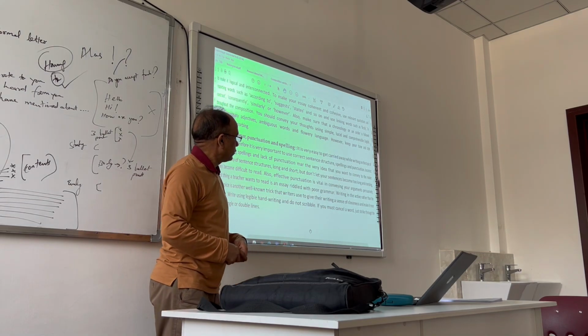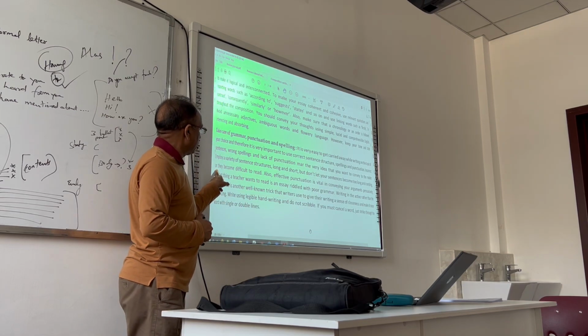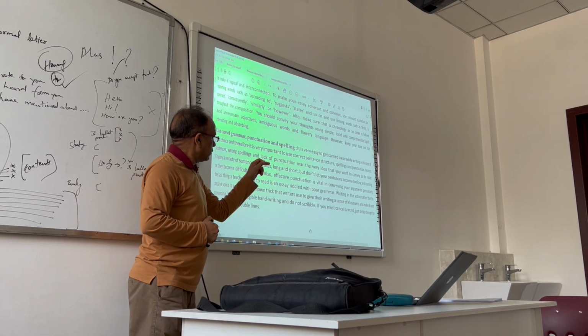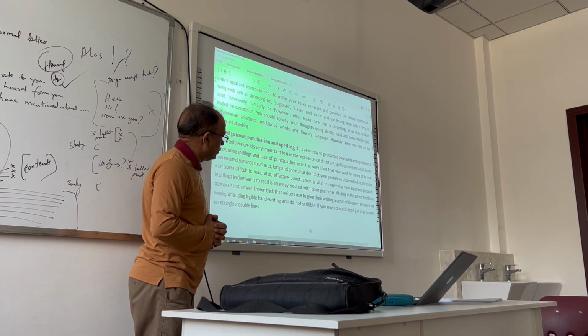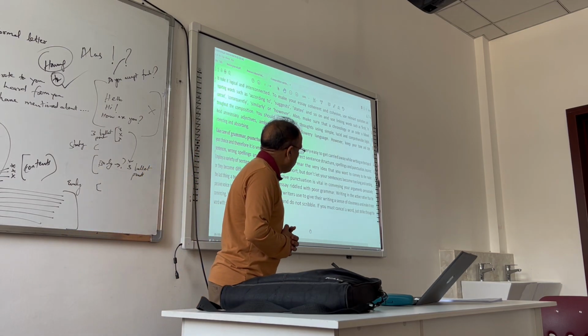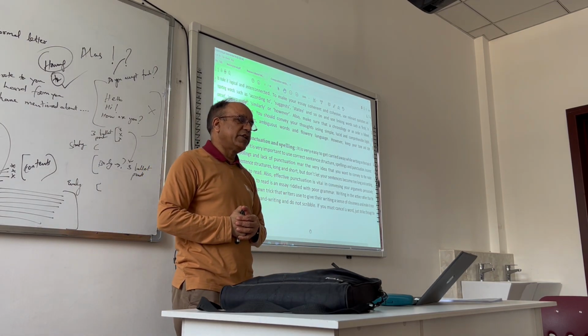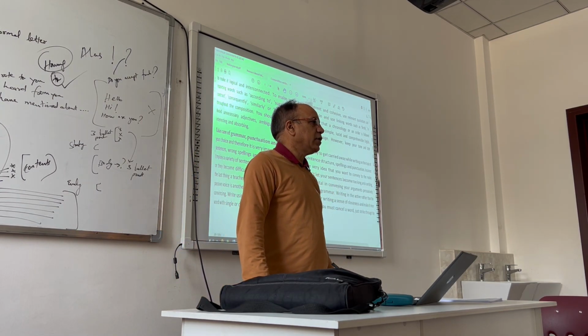But don't let your sentences become too long and rambling, or they become difficult to read. Also, effective punctuation is vital in conveying your arguments persuasively. Now, persuasive writing is which writing? When you want to say that what you say is right.